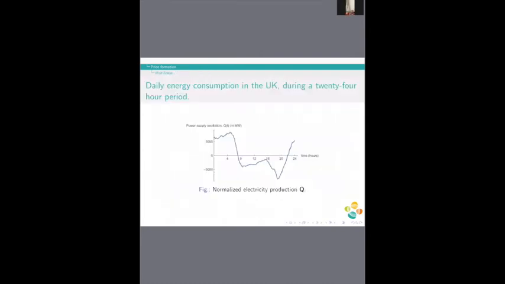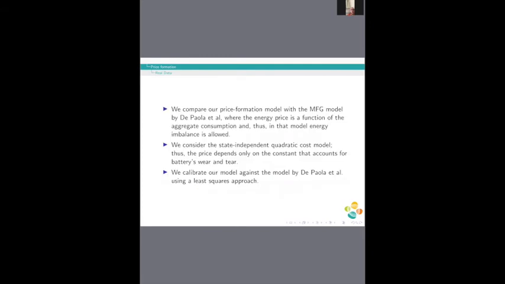And in fact, what we looked at is what would happen if we were using this to smooth out the consumption, in this case in the UK. We compare this model with the model by De Paula and his co-authors, where the idea is that they create an energy price, which is a function of the aggregate consumption.